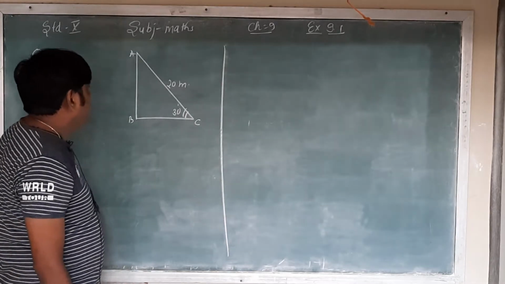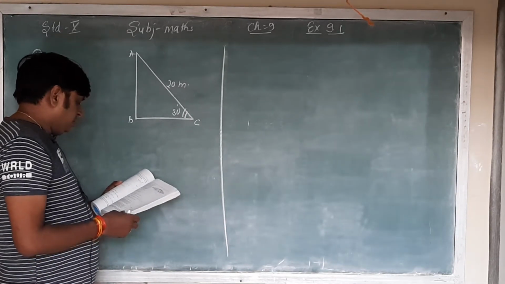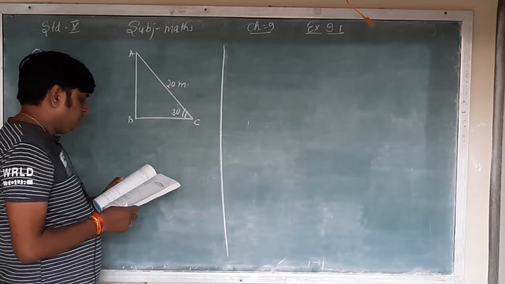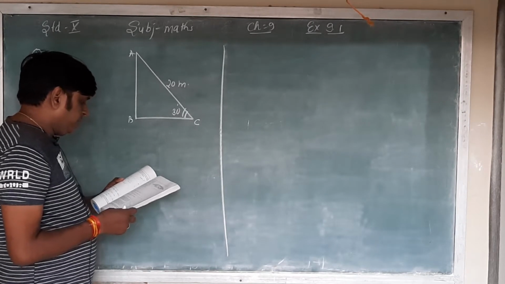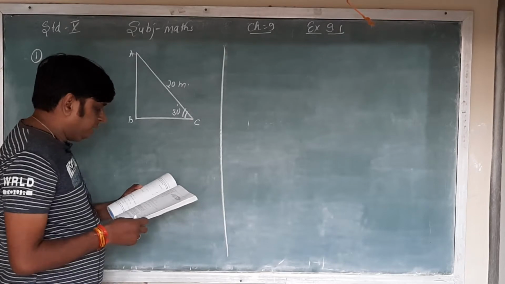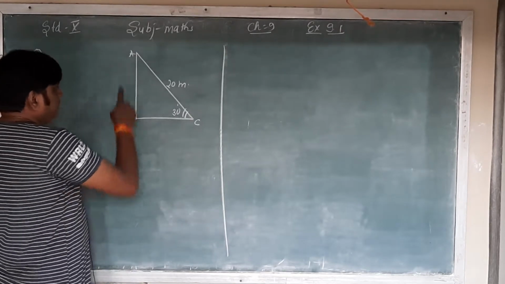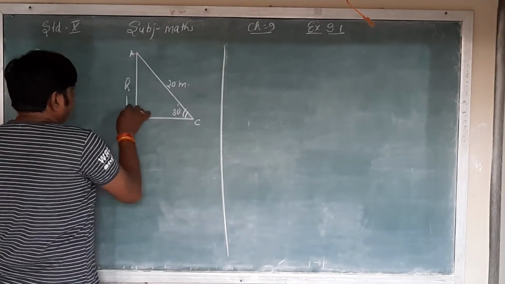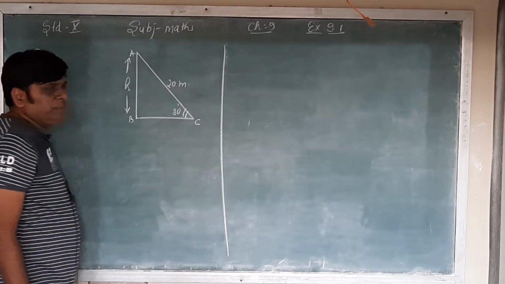A man is continuously climbing this rope, which is 20 meters long. We have to find the height of the pole, which is AB.